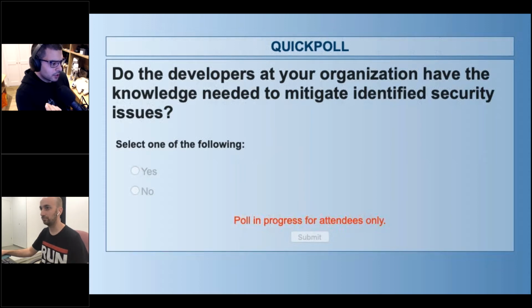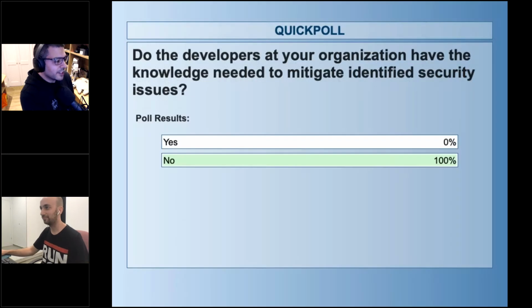So I'll leave that one a little bit. Okay, so hopefully you can see that. This is really interesting in terms of the numbers so far. Okay, really interesting.